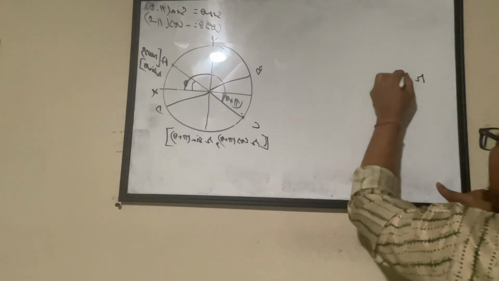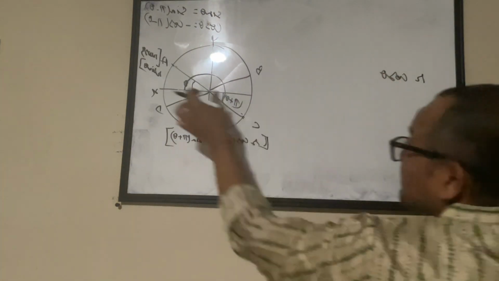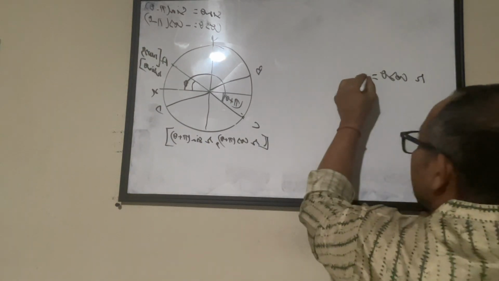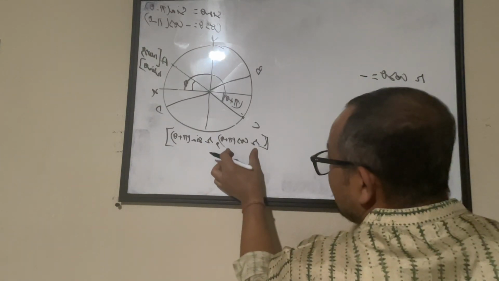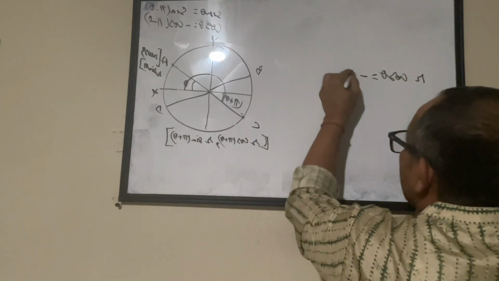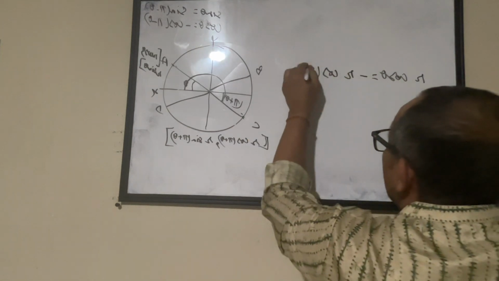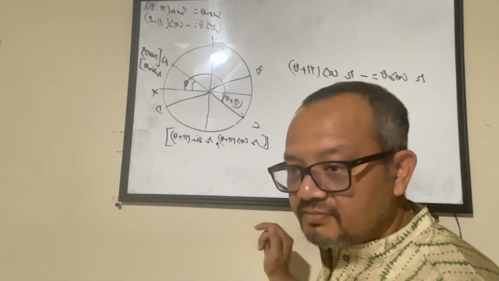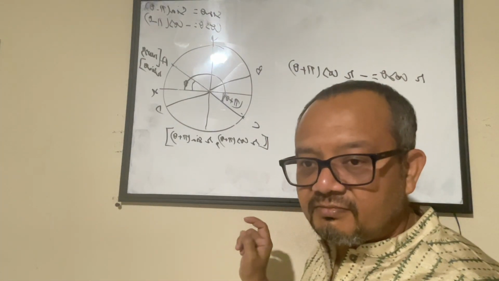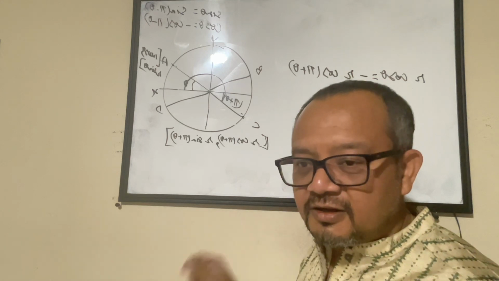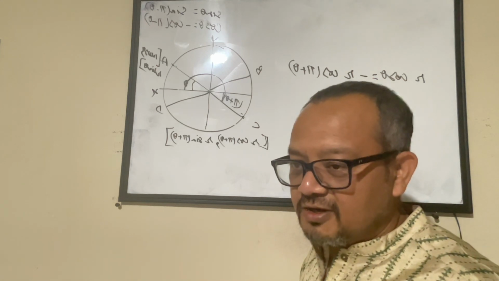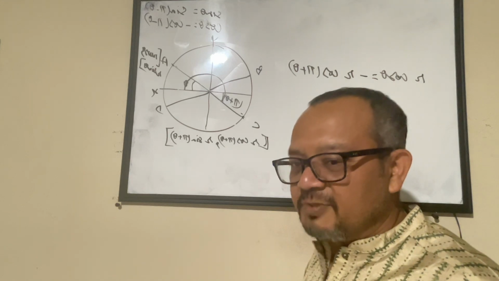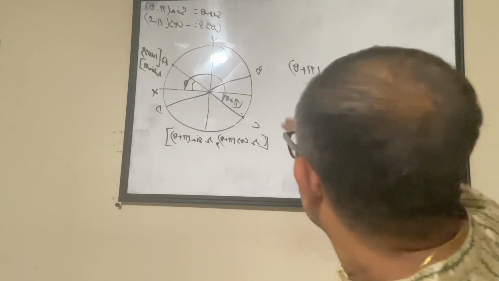Meaning r cos theta, which is the x coordinate of A, is equal to negative of r cos pi plus theta. Rehan, you have not spoken so far. I'm just trying to make sure that you are with me.